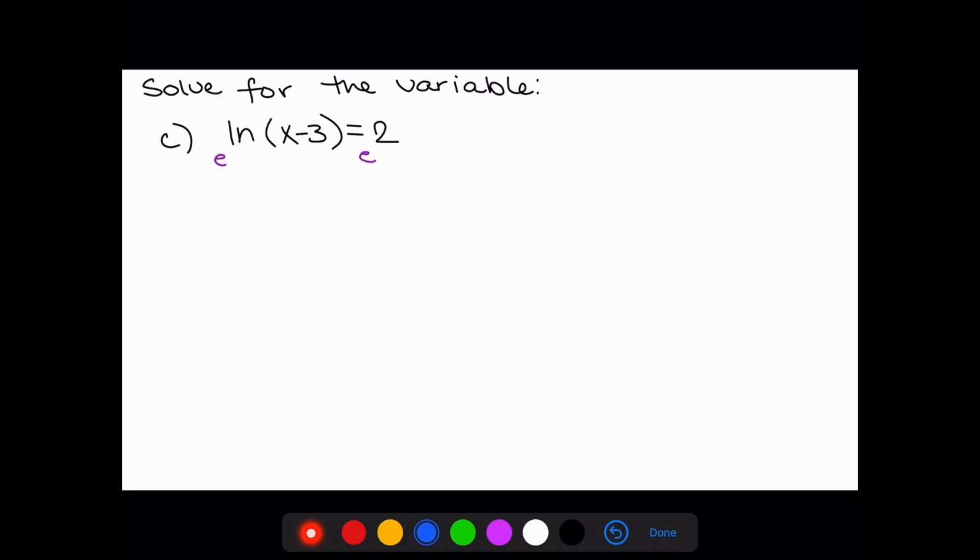Again, e to a power and natural log are inverse functions. They undo each other. And so you can almost think of it as the e and the ln cancel out, and you're just left with x minus 3 equals e squared.